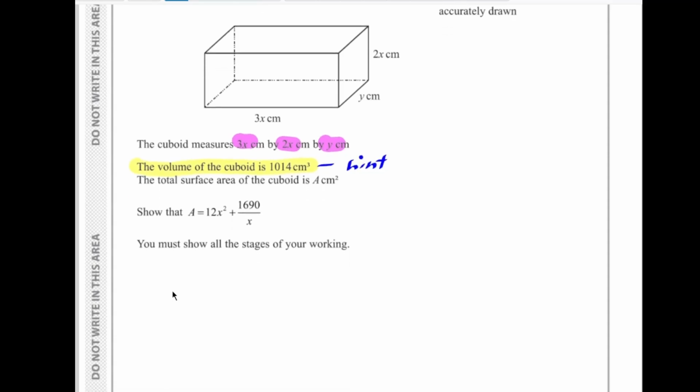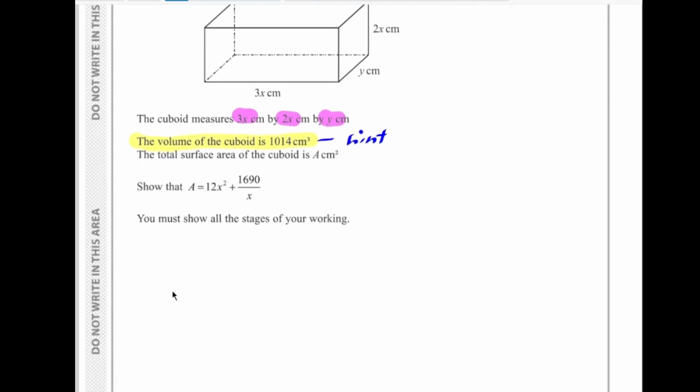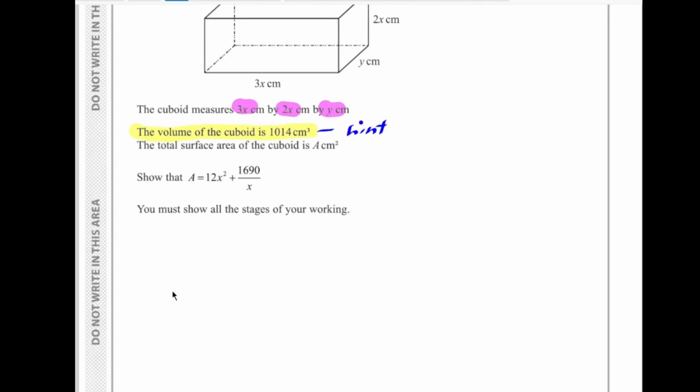Let's see how to get the volume of the cuboid. We know that volume equals length into breadth into height. Then volume, the value is given, 1014.